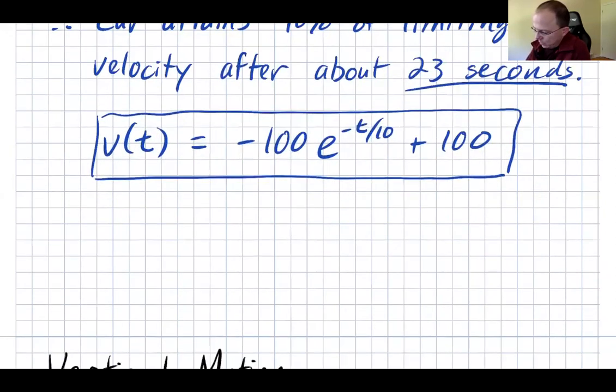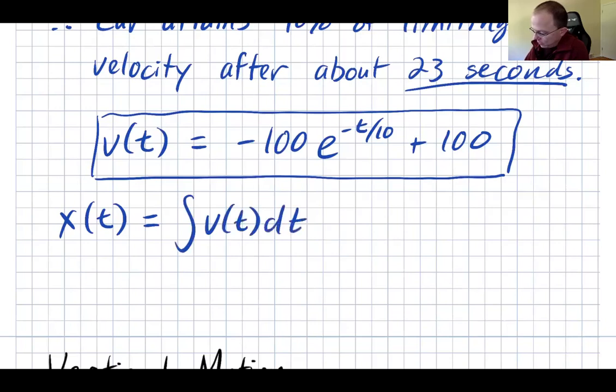Okay, so there's our equation, and x of t will be given by the integral of this. And then there's going to be some other constant. Okay. Add a page.